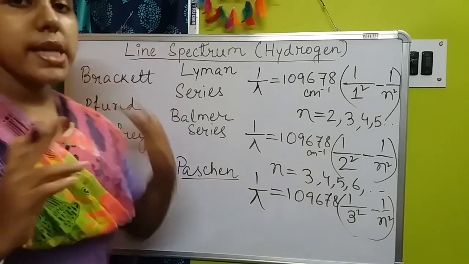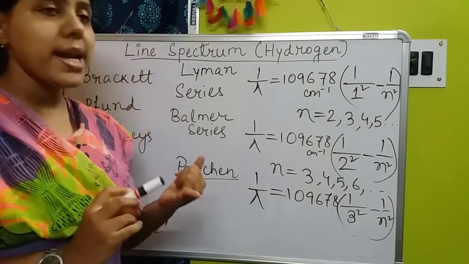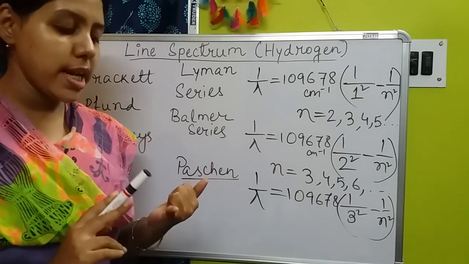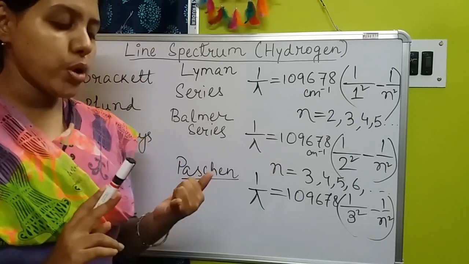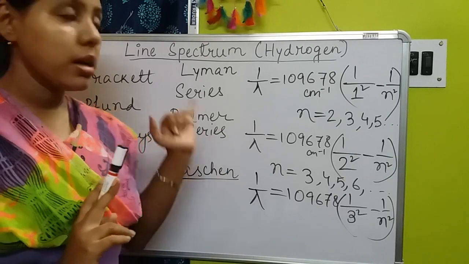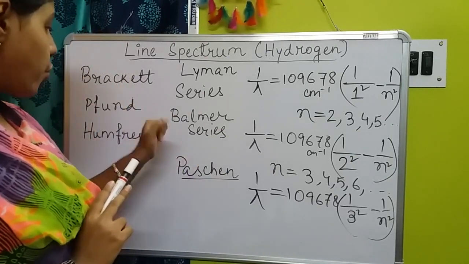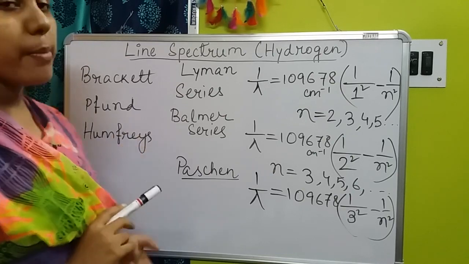So total 6 series are there. One is Lyman, second is Balmer, third is Paschen, fourth is Brackett, fifth is Pfund, and sixth is Humphreys.